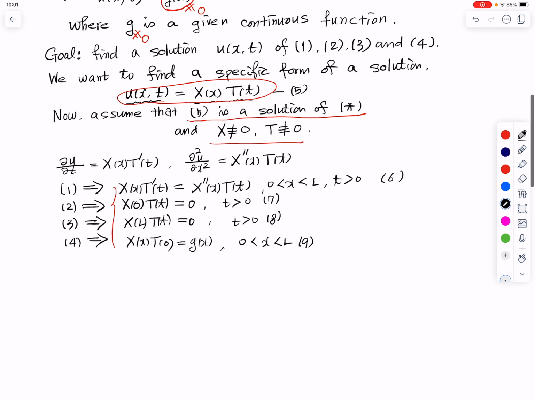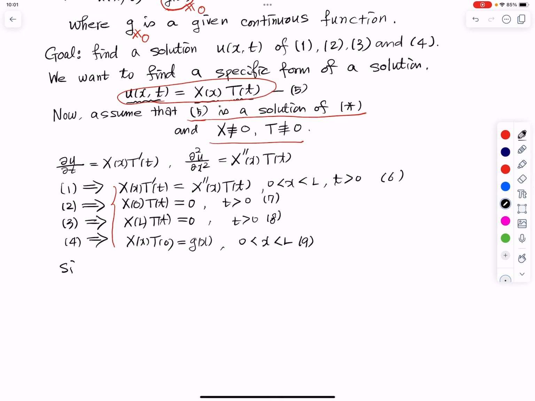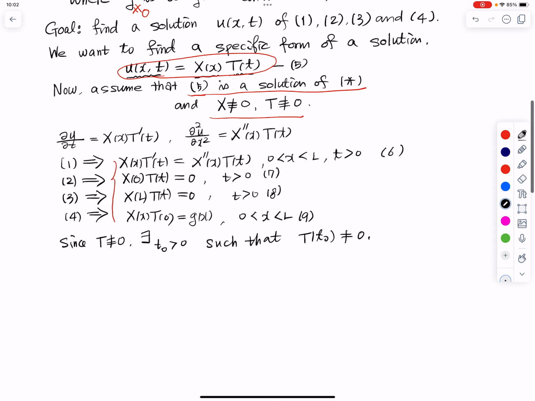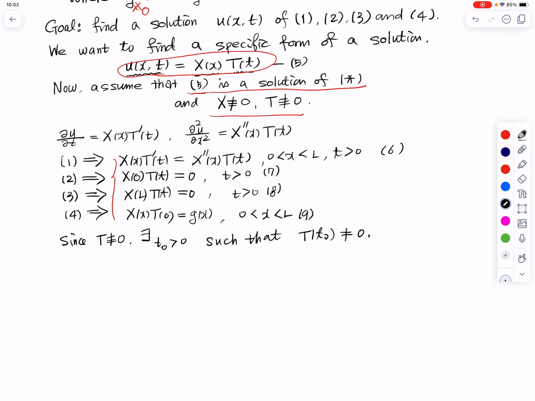Now, since X is not constantly 0 and T is not constantly 0, there exists t0 positive such that T(t0) is non-zero.